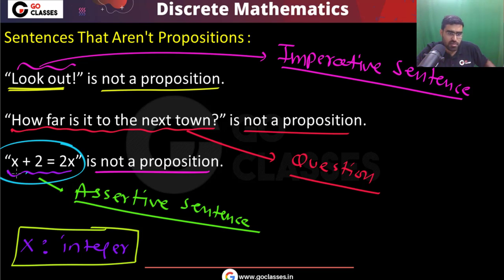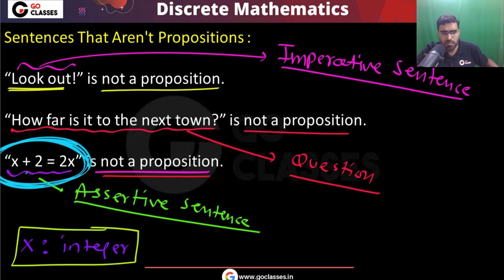Depending on x, the value will change. For different values of x it is true or false. So this is not a proposition.